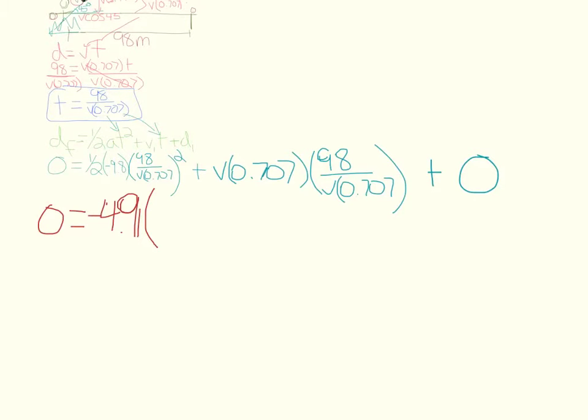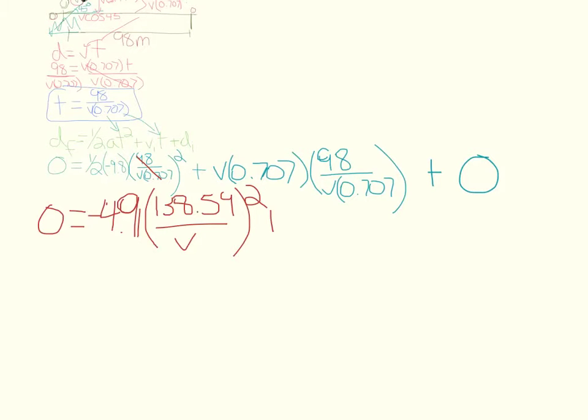So we're going to have 138.59 over v, squared, because these will cancel out, leaving us with 138.59.